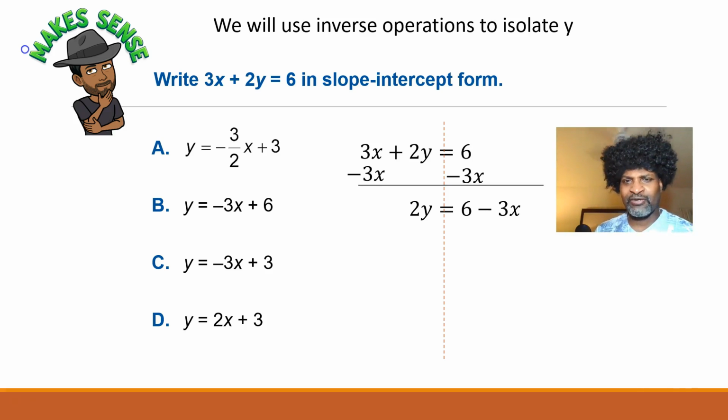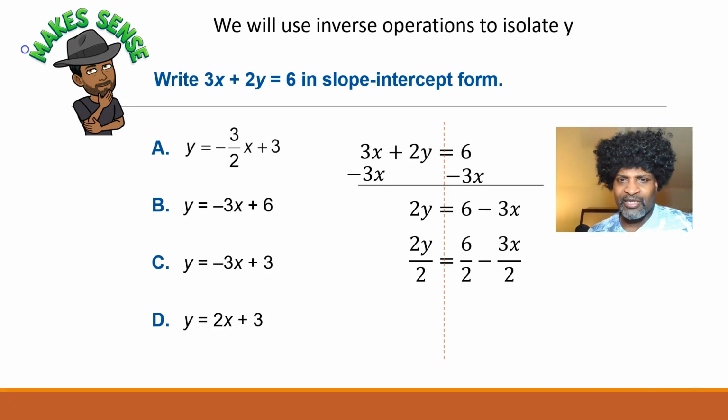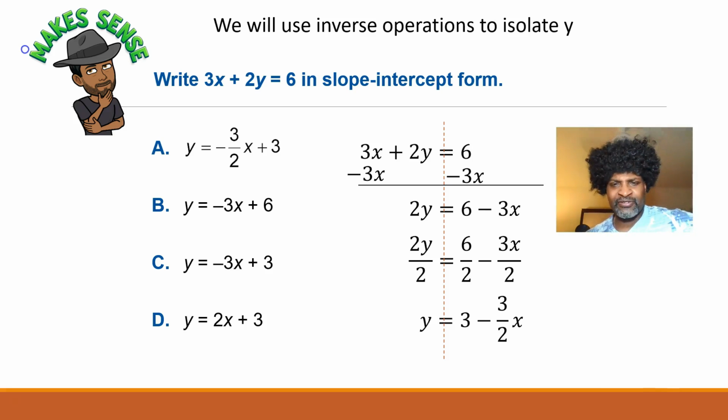All we need to do to isolate the y is to divide by 2, which is exactly what we're going to do. The 2's divide out. 6 divided by 2 is 3, and of course we can't reduce the -3/2, so our final equation in slope-intercept form is y equals 3 minus 3/2 x.